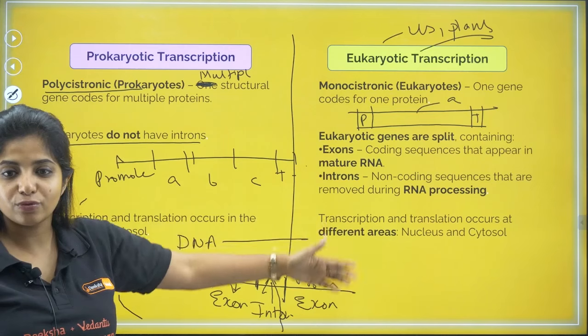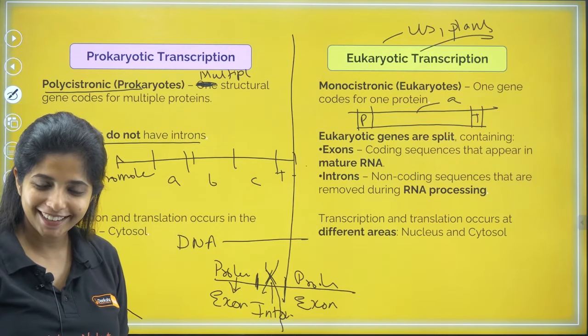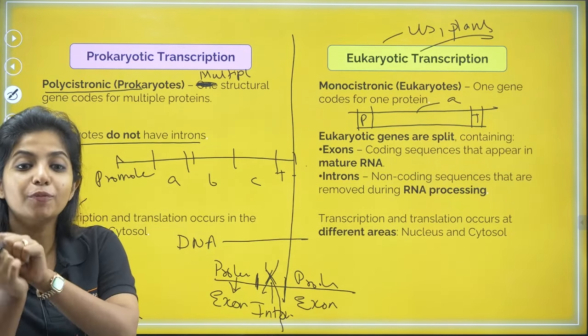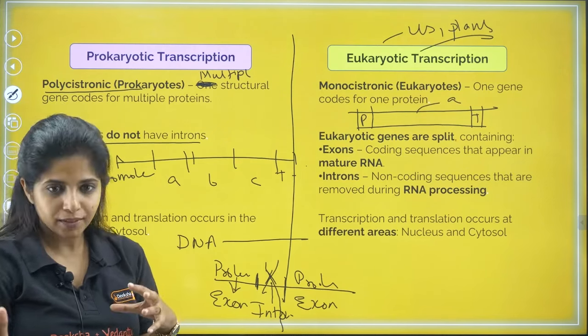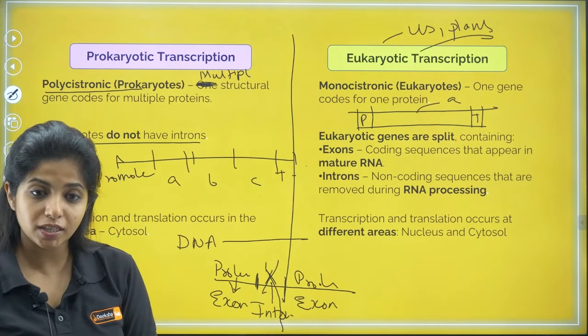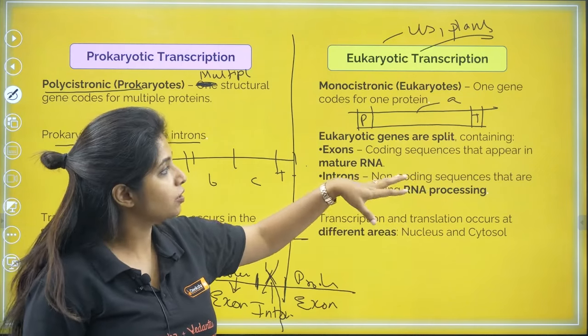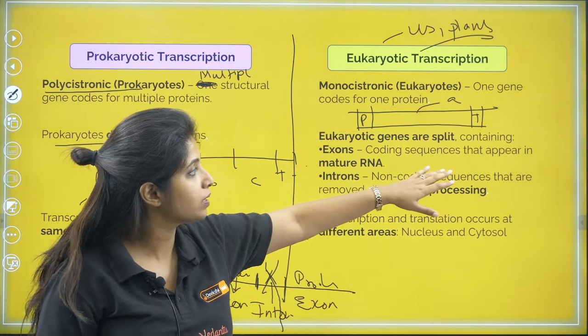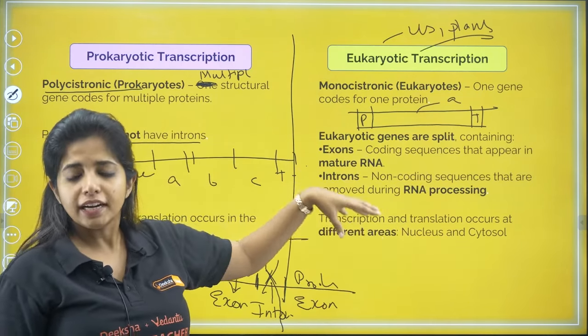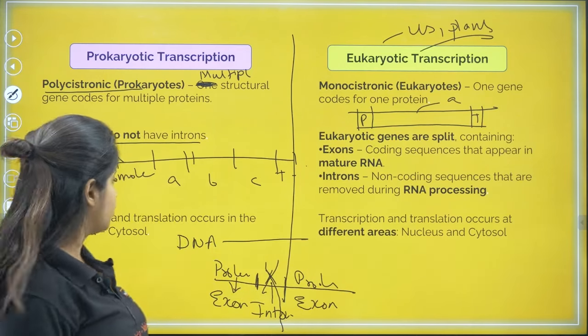But in our case, we definitely have introns, and they have to be removed later on with the help of processing. After RNA is formed, certain processing is also done. So eukaryote genes are split, containing exons, coding sequences that appear in the mature RNA, and introns, non-coding sequences. I'll talk about that, don't worry.